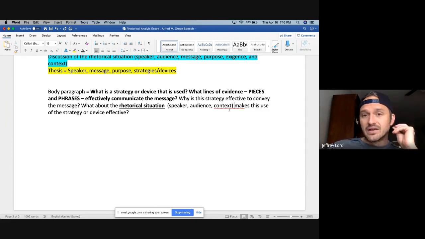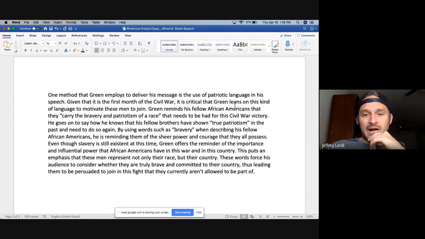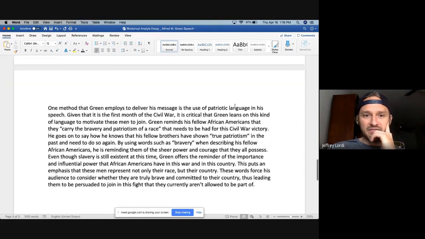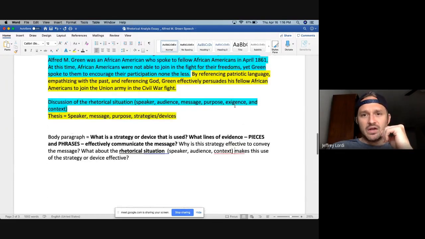The fact that it's 1861 and slavery still exists and he's talking to African Americans, that matters, right? And so I've got to make use of that in my analysis, and this is how I conveyed it here, okay? So that is how I would break down this body paragraph.